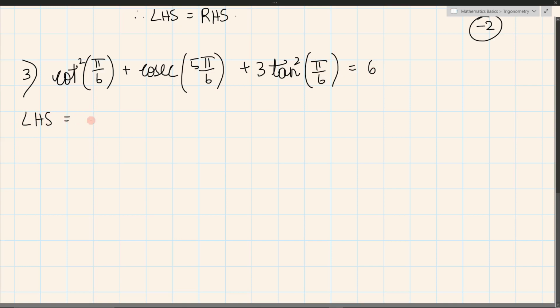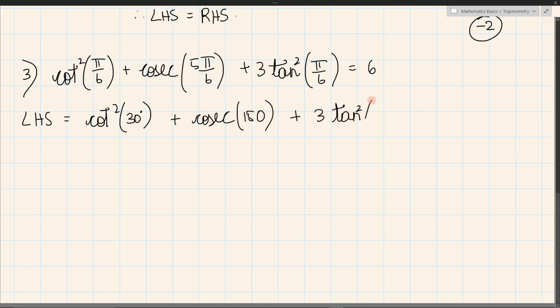We have cot² of 30 degrees, plus cosec of 150 degrees, plus 3 tan² of 30 degrees. So that would be equal to cot 30 is nothing but root 3, whole square, plus cosec 150.